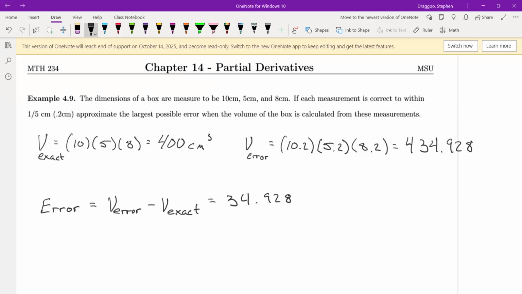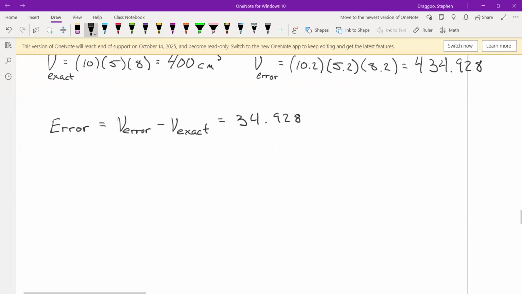We'd like a process that's more broadly applicable than just set everything to its maximum error value and hope for the best. But this is a decent target to look at. We'll compare the answer we get in a second to this number and see how well our calculus approximation does.